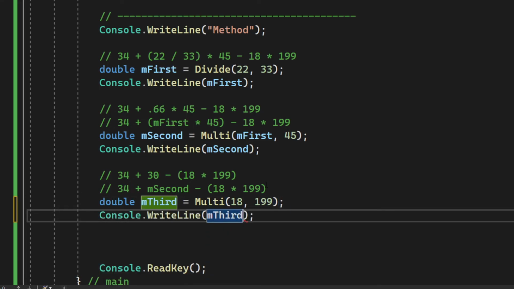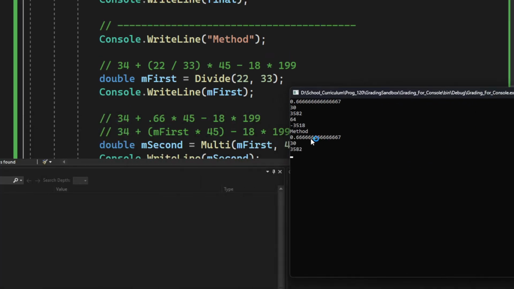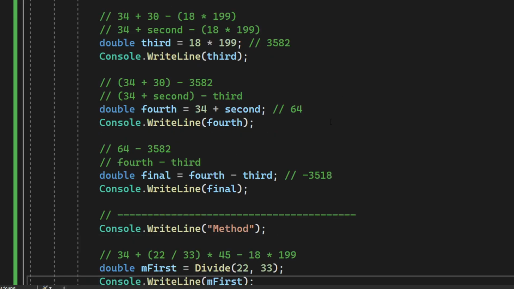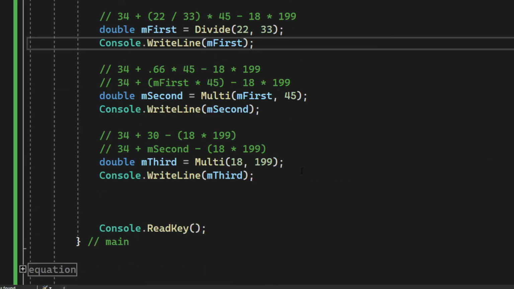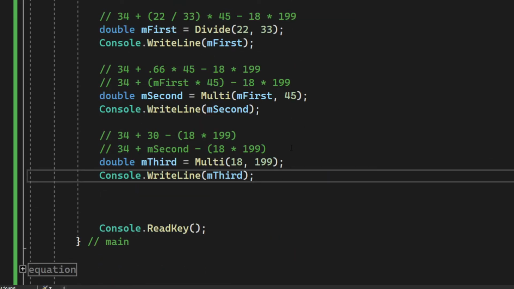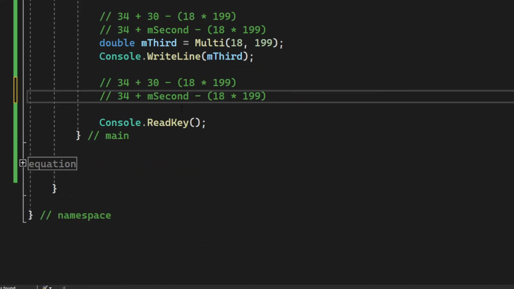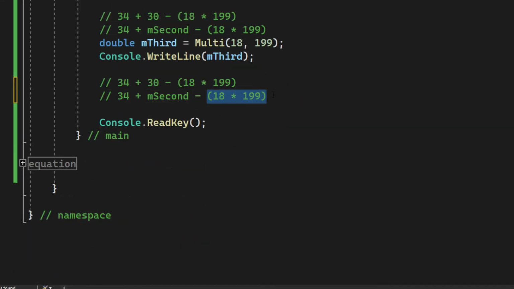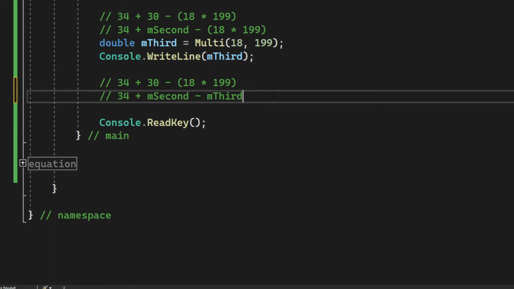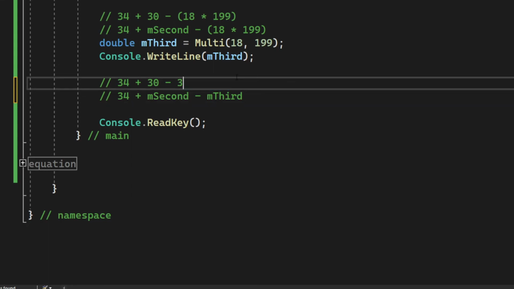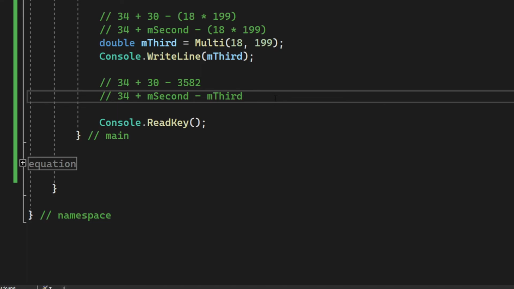Display this result. Run it. 3582. So far, so good. This was our third result. So now we know this is m third, 3582.